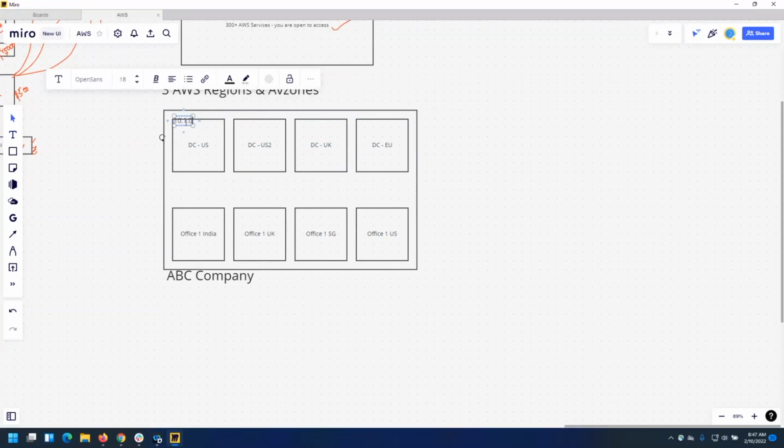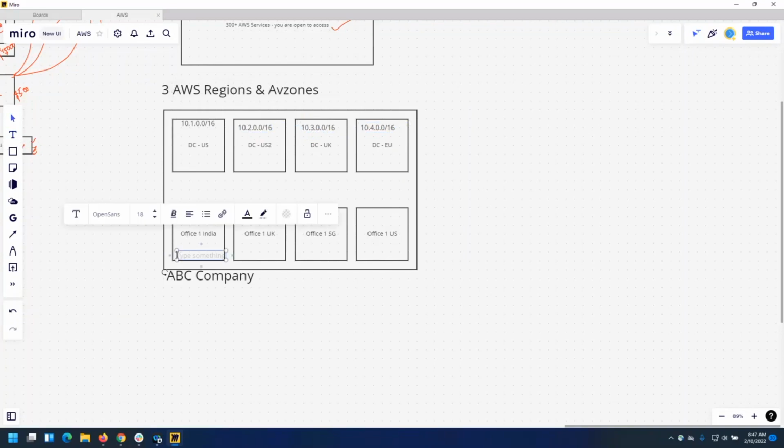Let's say 10.1.0.0/16, just for our understanding, and then 10.2.0.0/16, 10.3.0.0/16, like this. Each and every data center is equipped with a different IP range.